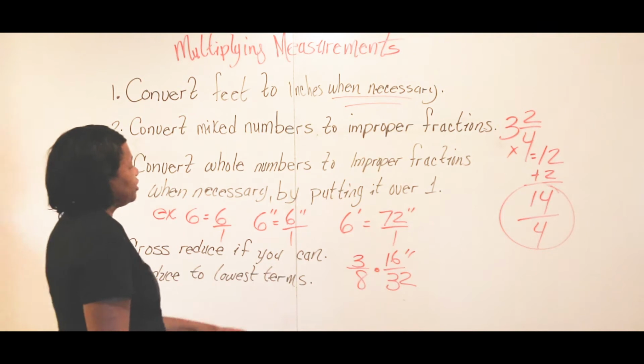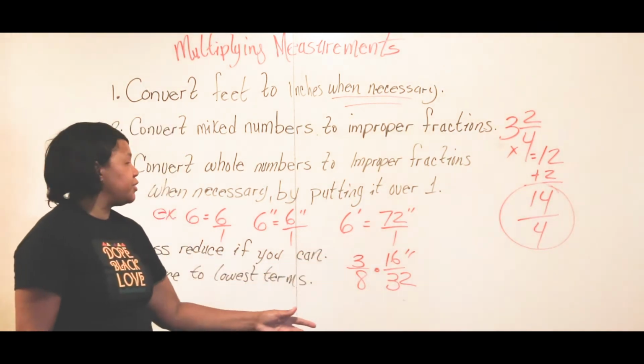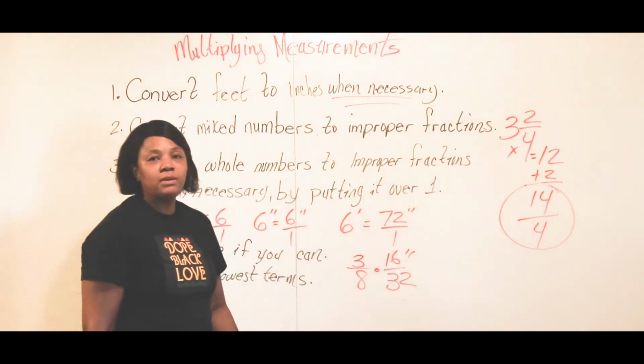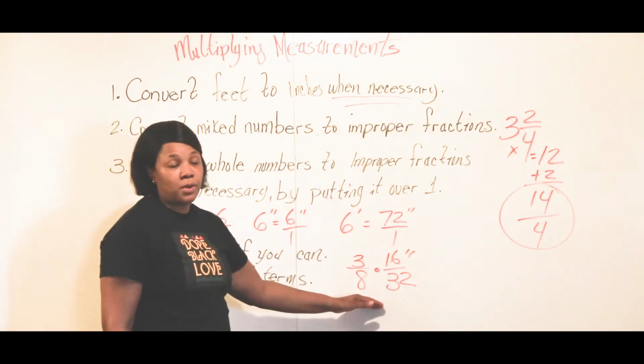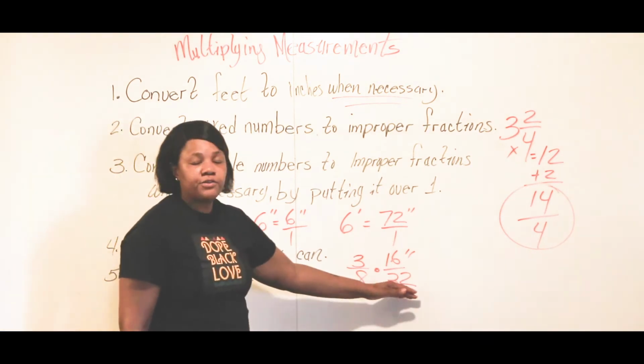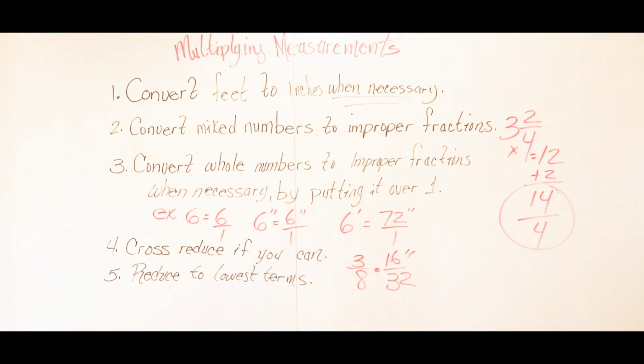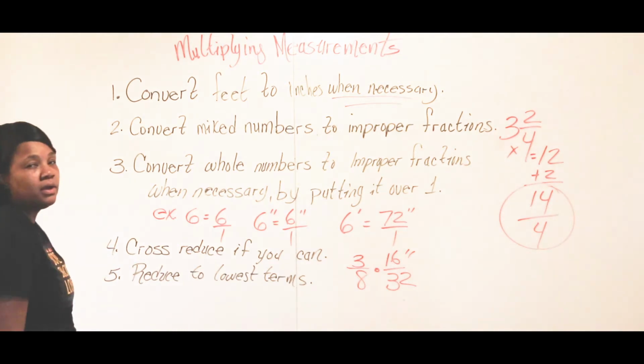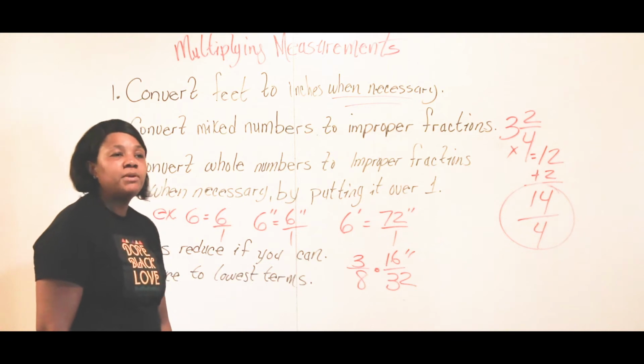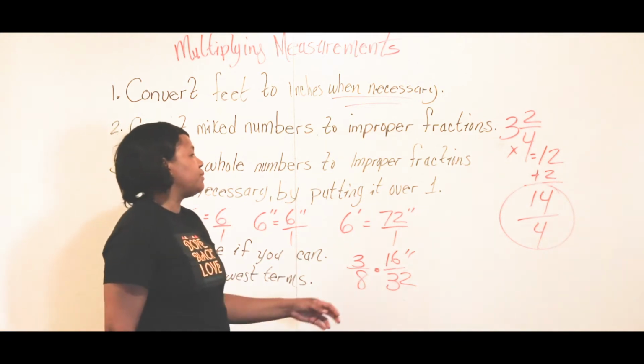One numeric expression will represent just a number. The other numeric expression will represent a unit of measure. You will never multiply a measurement times a measurement, because a measurement times a measurement gives you a squared number. So we will not be multiplying measurements times measurements.